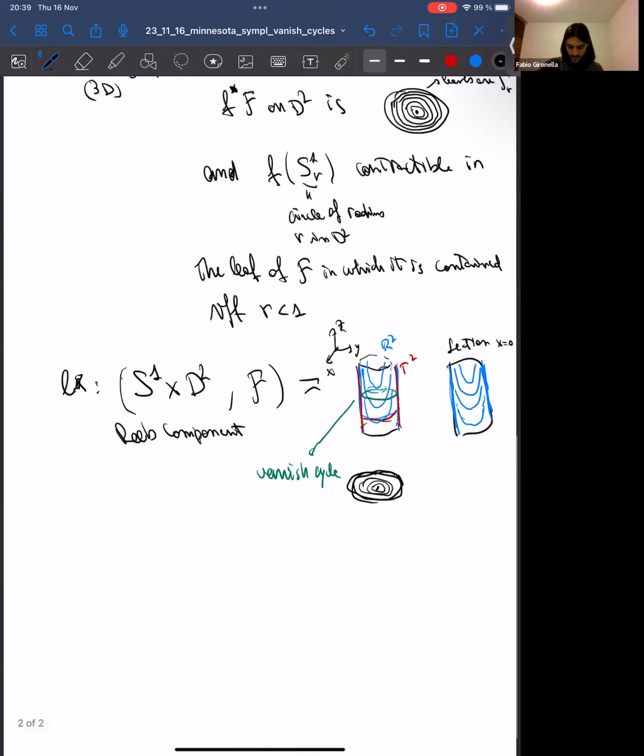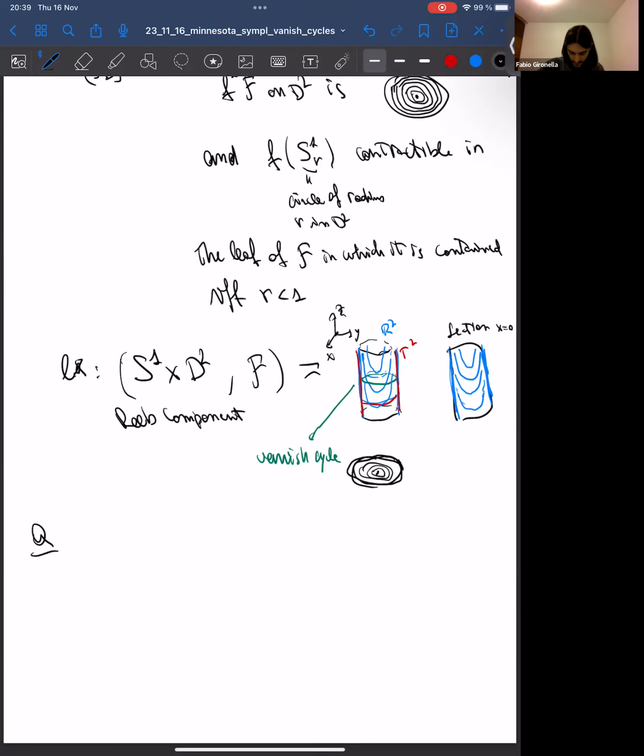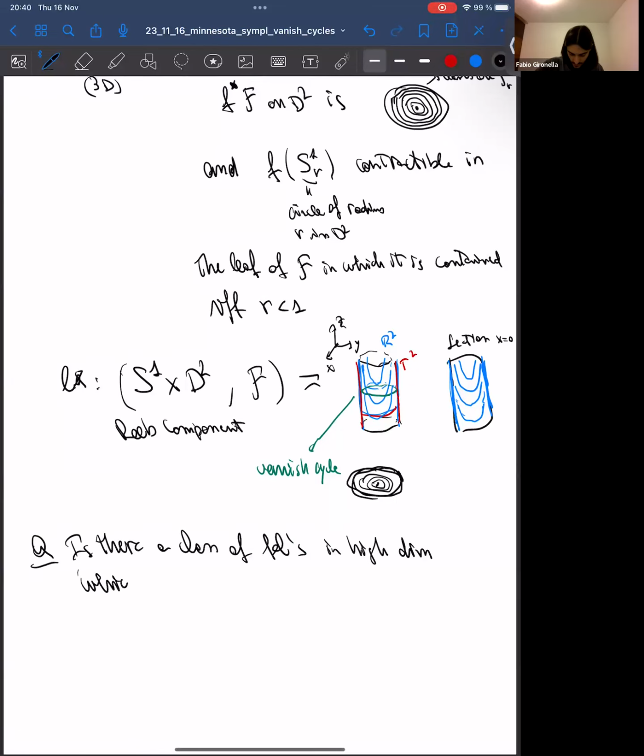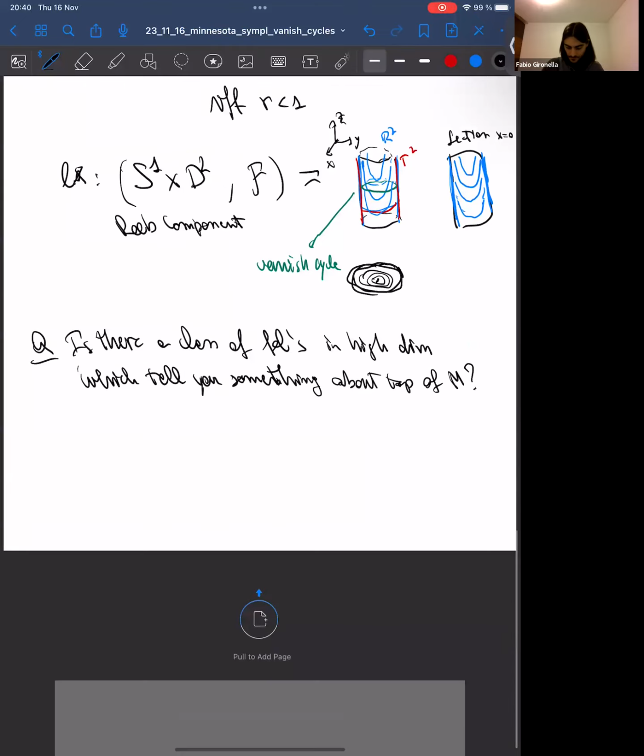So the question is, is there a class of foliation in high dimensions which tell you something about the topology of the ambient manifold? Okay. So this is the motivating question for this work.